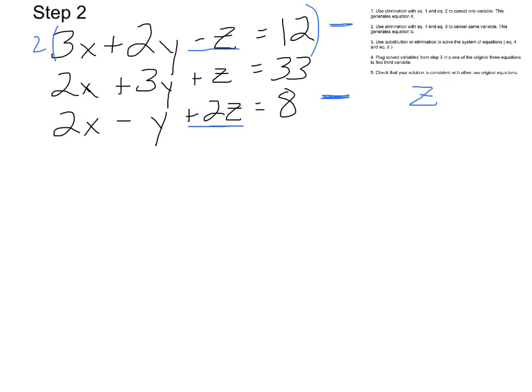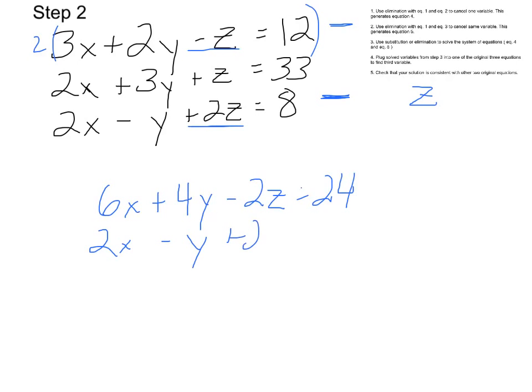That gives me the equation 6x plus 4y minus 2z equals 24. And then equation number 3, we can just carry down: 2x minus y plus 2z equals 8.